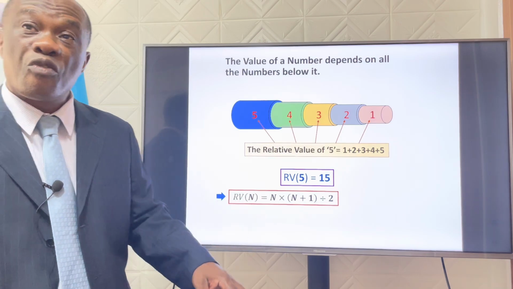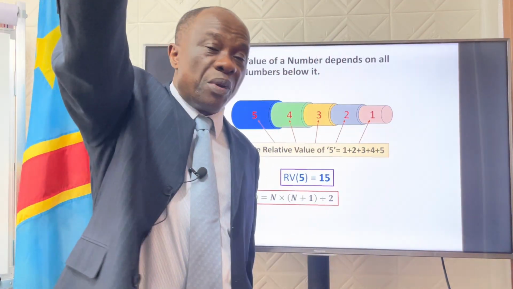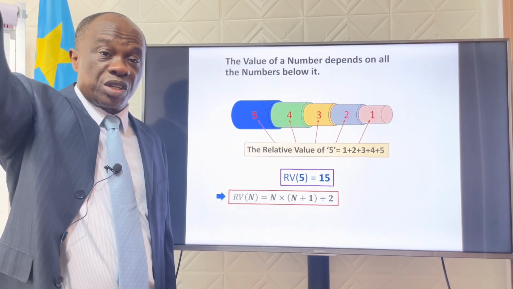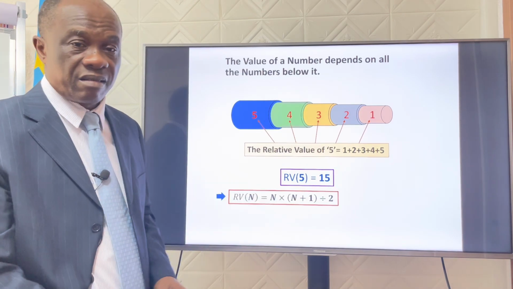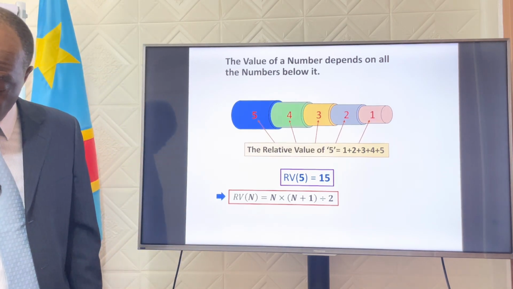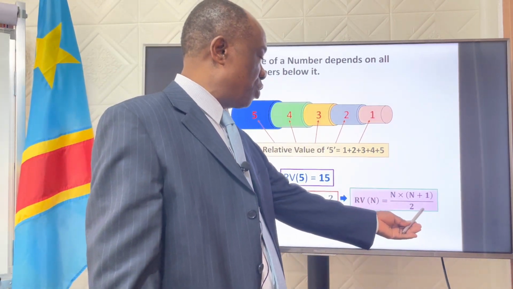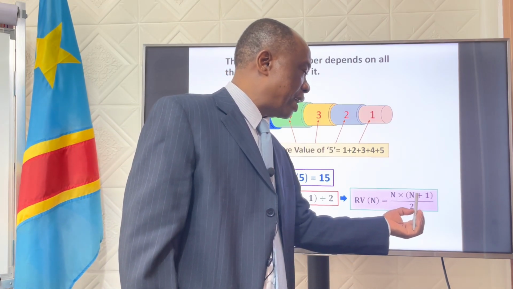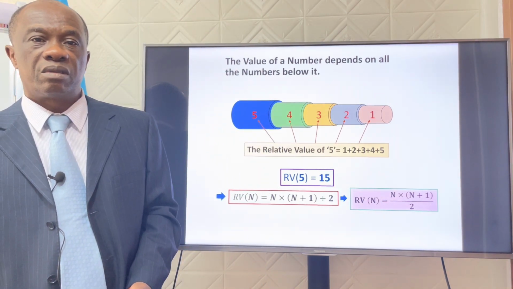That's the number of bricks that you will find on row number 14. That's exact. You can write it again in a simple way: n multiplied by n plus 1, divided by 2. That's it.